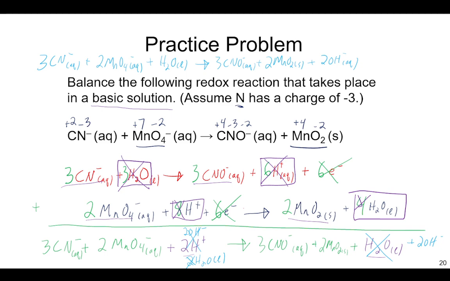And that is the balanced redox reaction in basic conditions. 3 carbons on each side, 3 nitrogens on each side, 2 manganese on each side, 9 oxygens on each side, and 2 hydrogens on each side. Check, check, check, check, check.